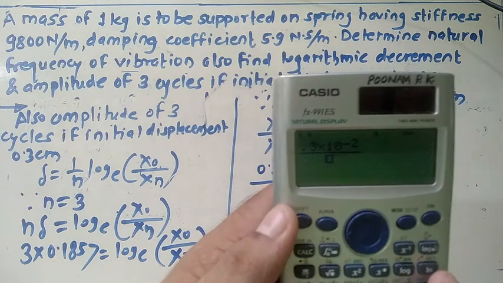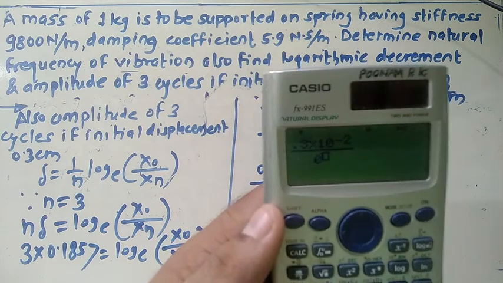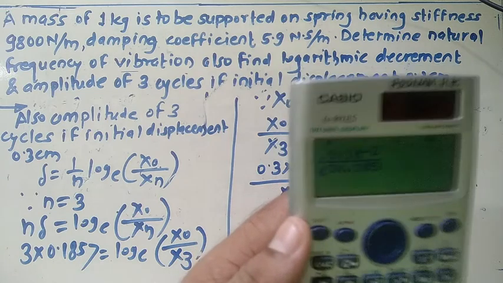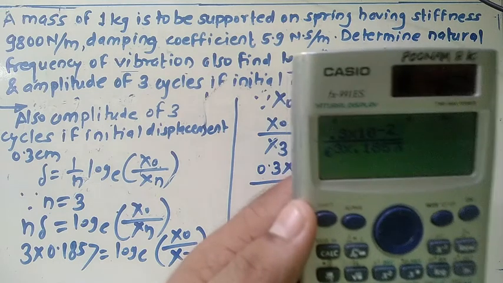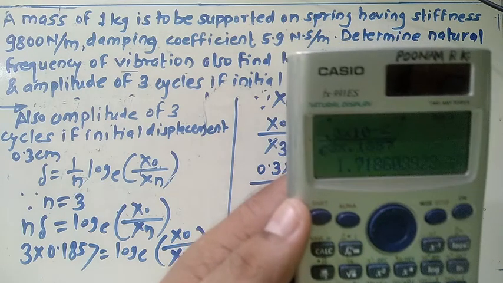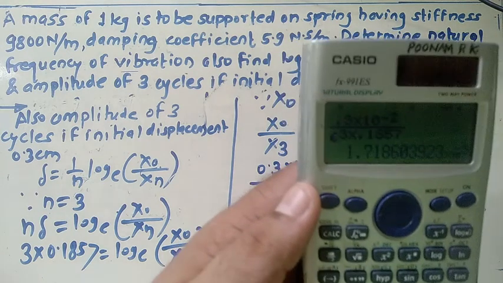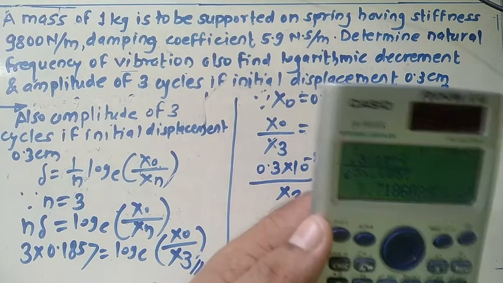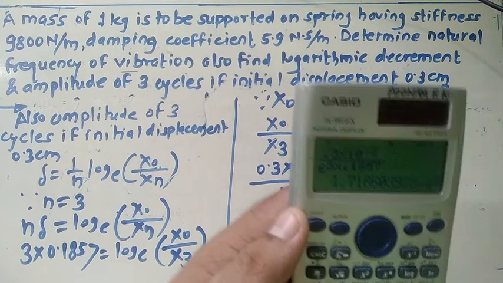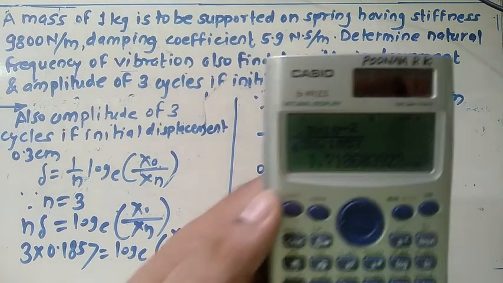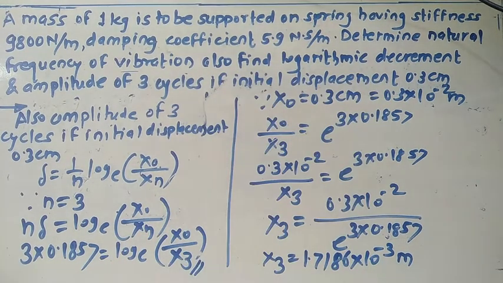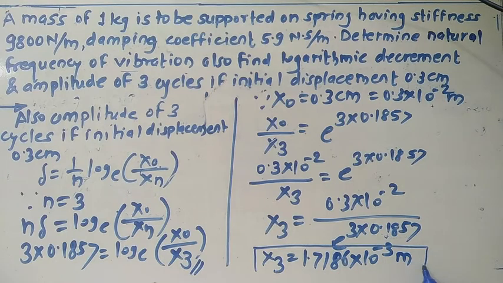Just press this button, and you can get the value for x3 equals 1.7186 into 10 raised to minus 3, in terms of meter. This is the answer for the next point. In this way we can get the answer for the next point.